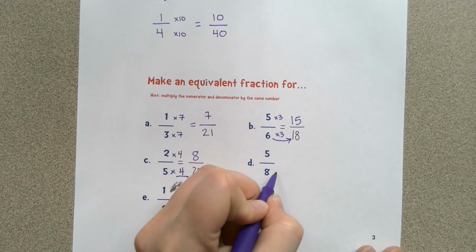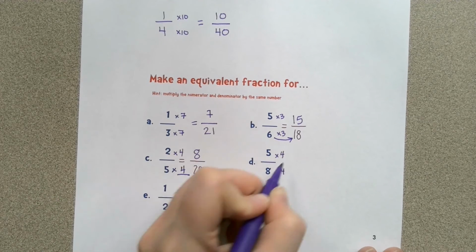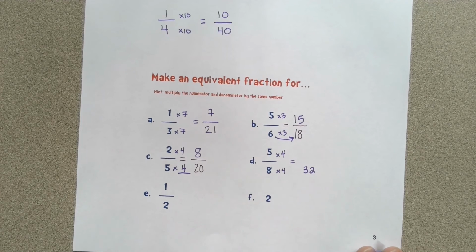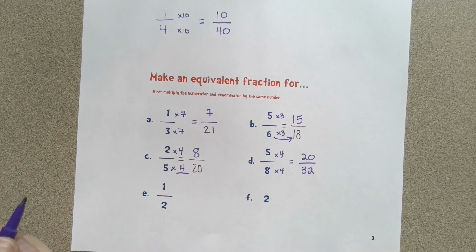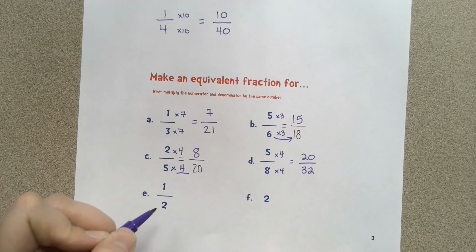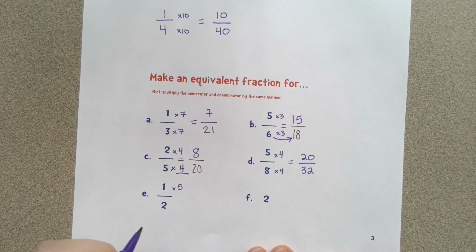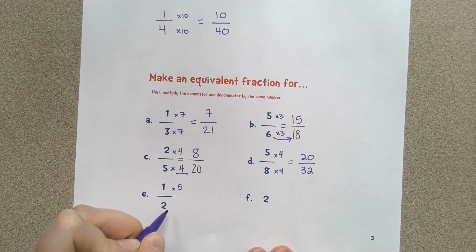For 5/8, if we multiplied the bottom by 4, we also have to multiply the numerator by 4. And that would give us 32 in the denominator and 20 in the numerator for a fraction of 20/32. For this one, let's say we multiply by 5. Again, if we multiply by 5 in the numerator, what do we have to multiply by in the denominator?